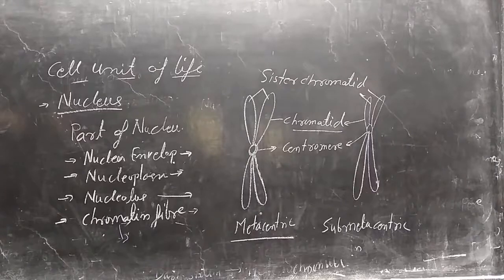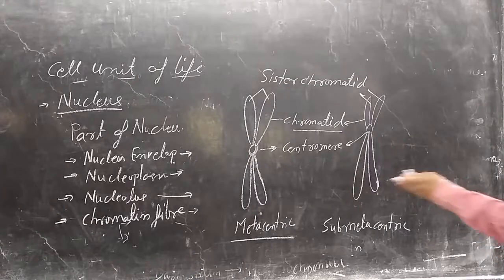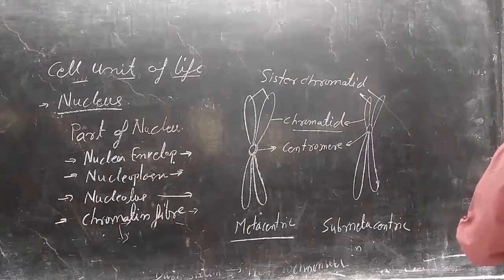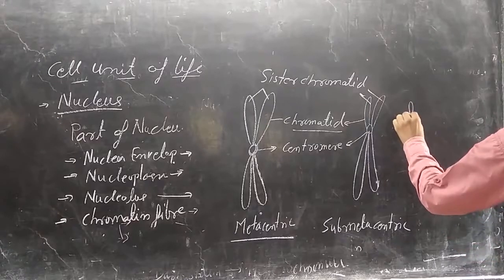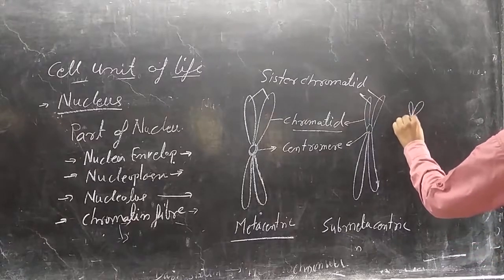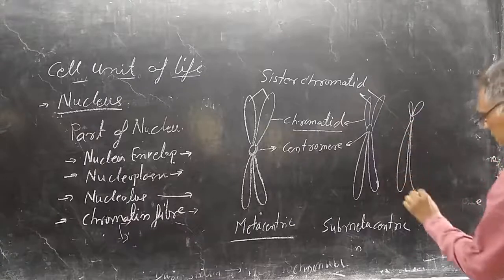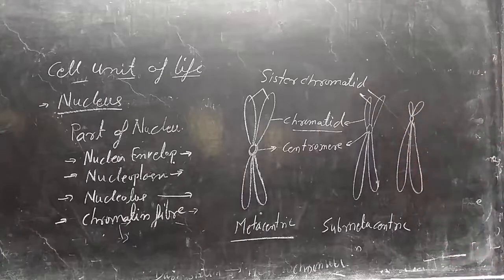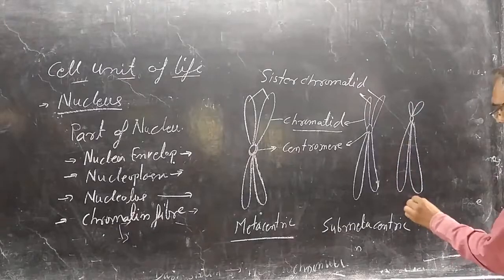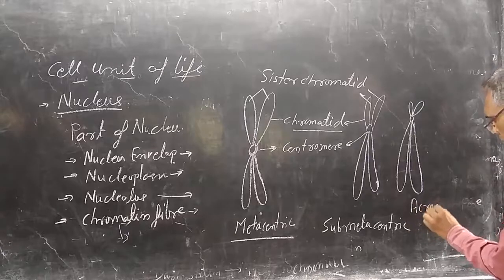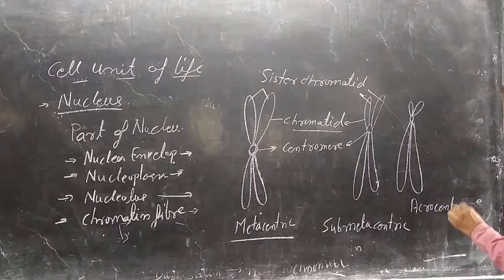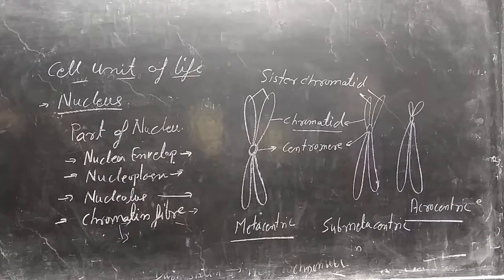Suppose the centromere is even more away from the center, where one branch is very short and the other branch is very long. Such a type is known as acrocentric.